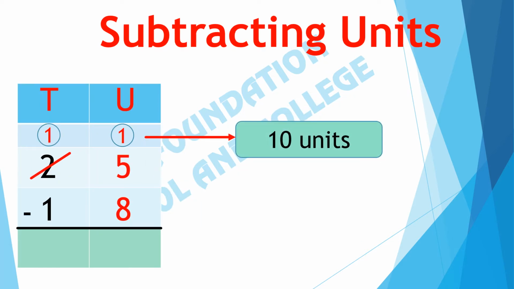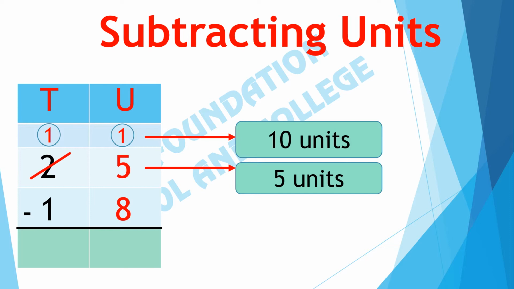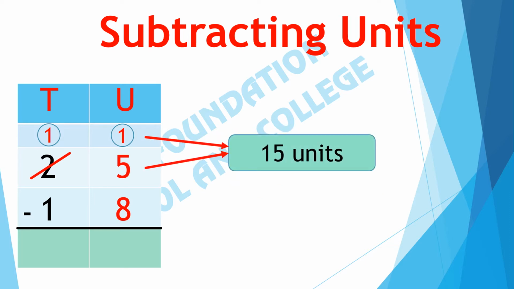In the units, 1 ten means 10 units. There are 10 units and 5 units that we already have. 10 units and 5 units makes 15 units. Now we can easily subtract 8 units out of 15 units.